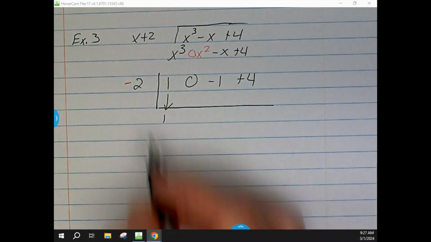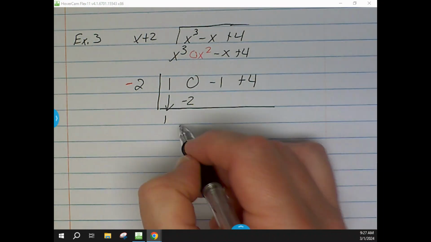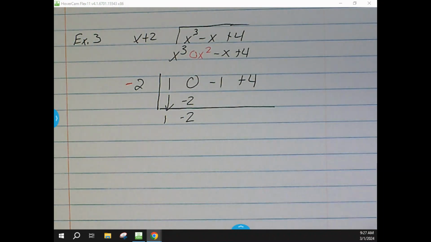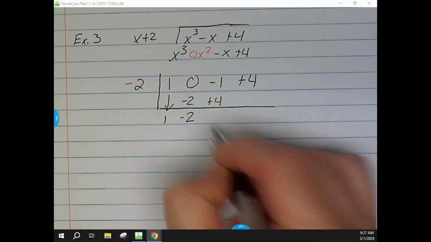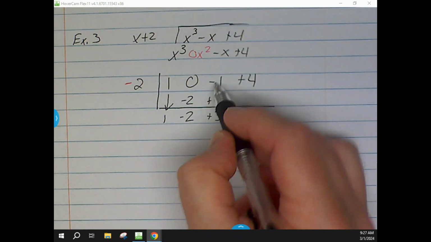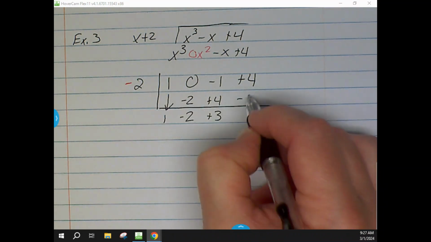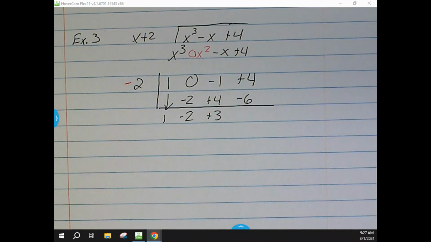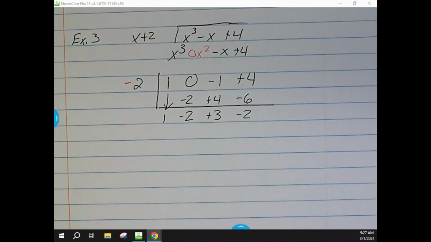And then we're multiplying. Negative 2 times 1 is negative 2. 0 minus 2 is negative 2. Negative 2 times negative 2 is a positive 4. 4 minus 1 is a positive 3. Negative 2 times 3 is a negative 6. Okay. 4 minus 6 is negative 2.